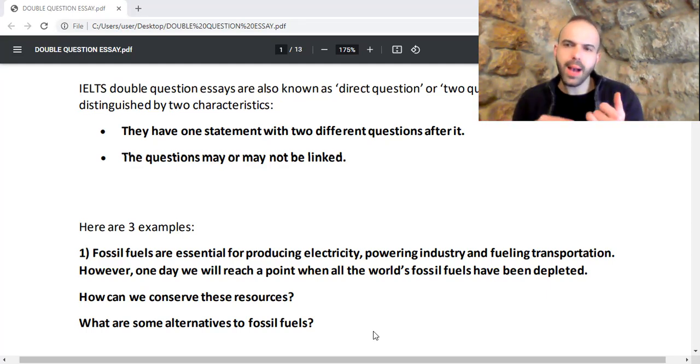Fossil fuels are the gas, oil, and petrol, for example. Okay, so these are the fossil fuels. And in the second question, I have to talk about some alternatives to fossil fuels. So you will have to talk about alternatives. So what alternatives, or substitutes? You need to mention some substitutes that you can talk about.